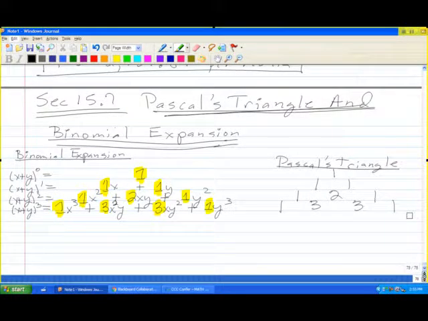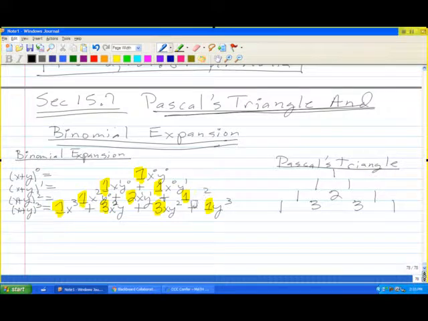Now, actually let me write all the terms. I can write this as x to the 0, y to the 0. Well, that's just 1. x to the 1, y to the 0, y to the 1, x to the 0. Let's write the x to the 0 first. y to the 1. x squared, y to the 0. x to the first, y to the first.